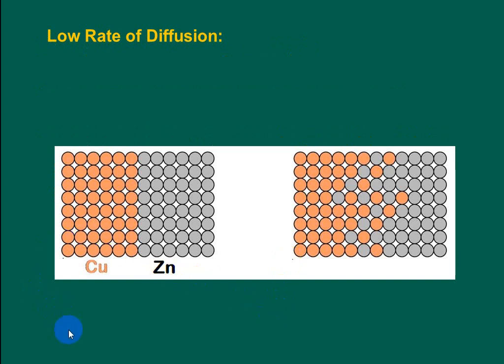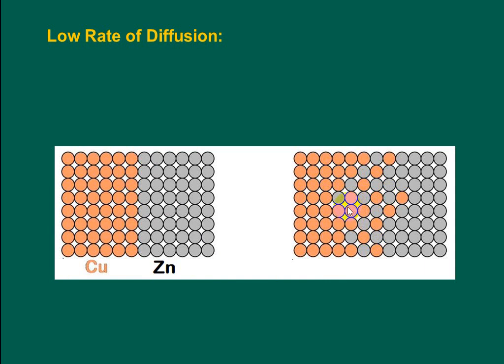The last point to discuss today is the low rate of diffusion. Solids can diffuse, meaning they can mix with each other. For example, here is a plate of copper and a plate of zinc. After a certain time, some atoms of copper start to diffuse in zinc, and some atoms of zinc diffuse in copper.